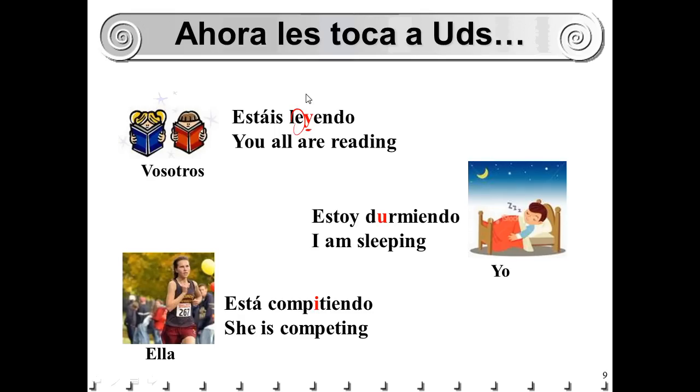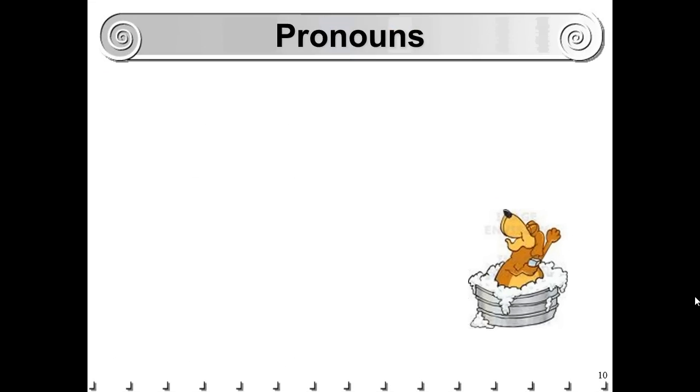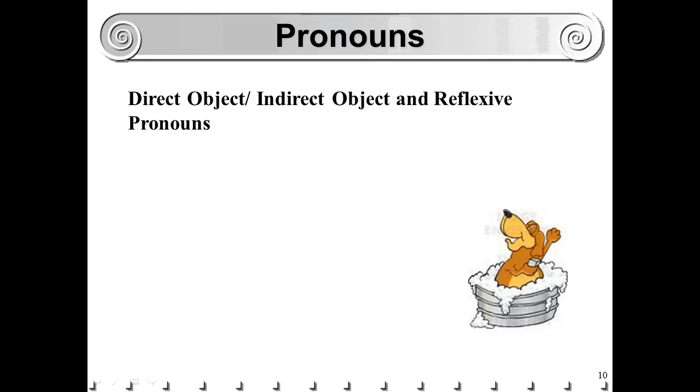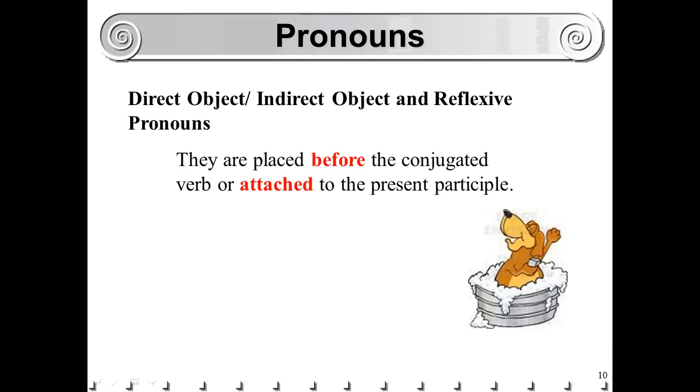One last thing that we're going to go through, and then you'll be done. Pronouns. Pronouns in any tense except for the command follow the same principles. They are placed before the conjugated verb, or you can actually attach it to the present participle, almost like attaching to an infinitive, correct? So you could do, me estoy bañando, write that down, and then write the English, I am showering.